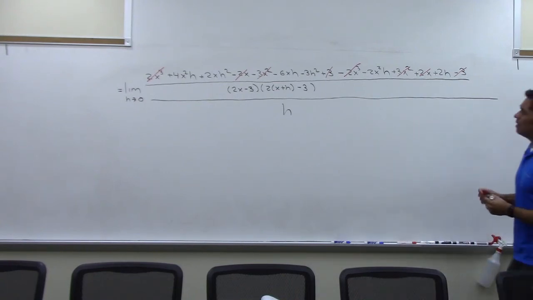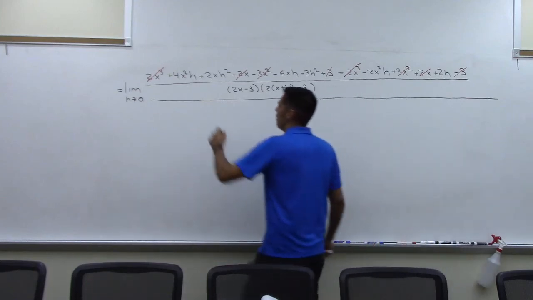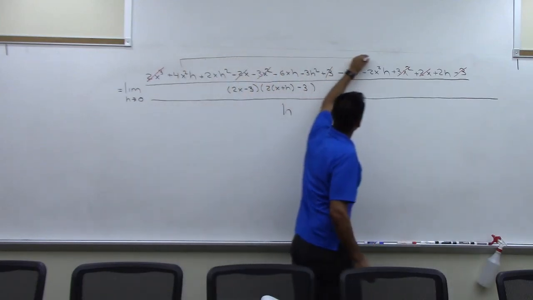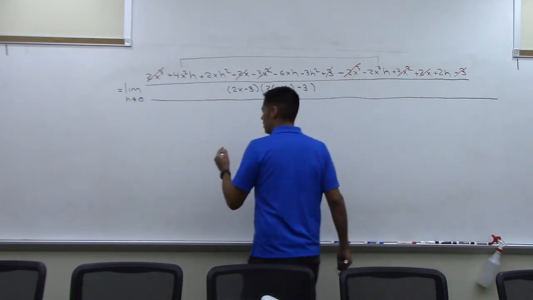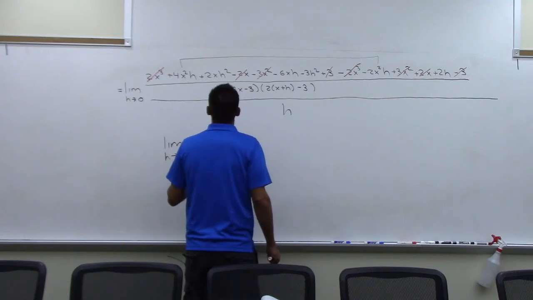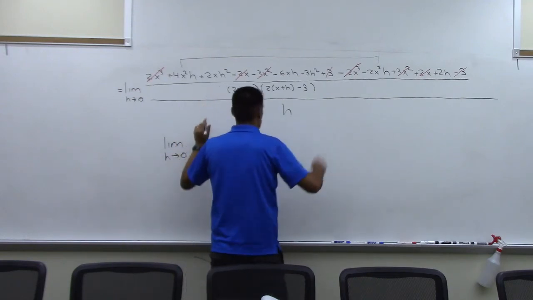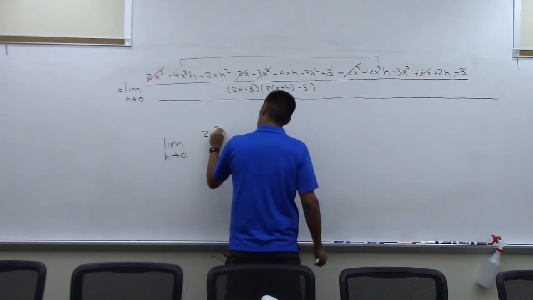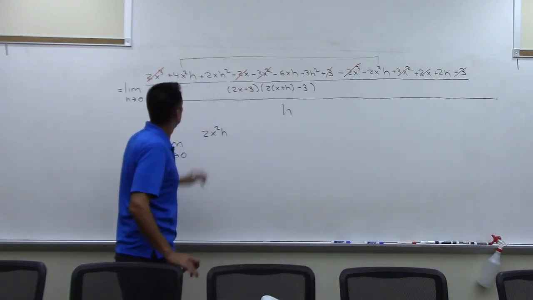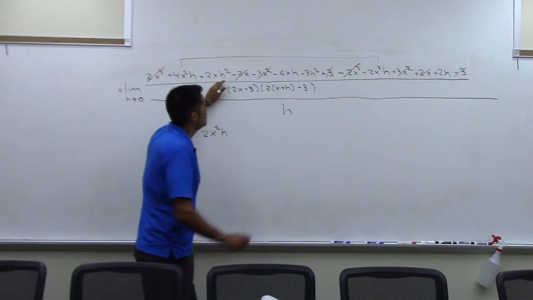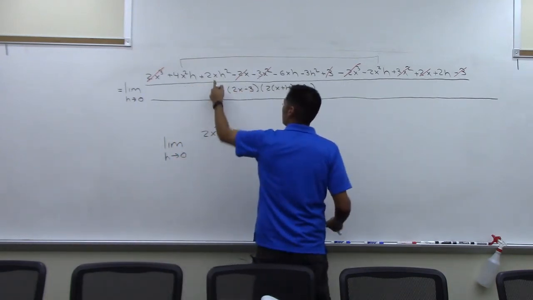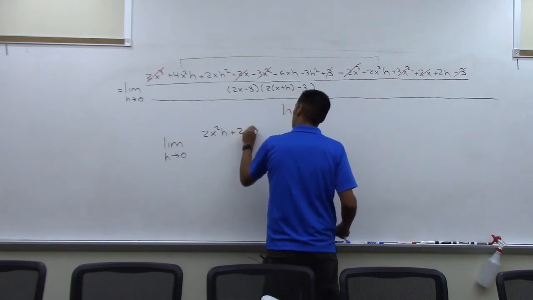Now let me see if I have any like terms. Here I have a term that has x squared h in it. And I have another one down here that has x squared h in it. So let me put those together. Limit, h goes to 0. 4x squared h minus 2x squared h is just 2x squared h. And then xh squared, I don't see another xh squared, so just plus 2xh squared.